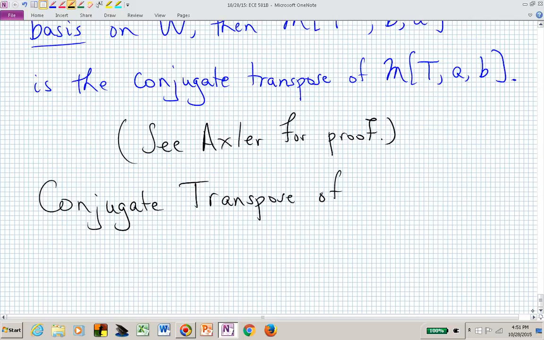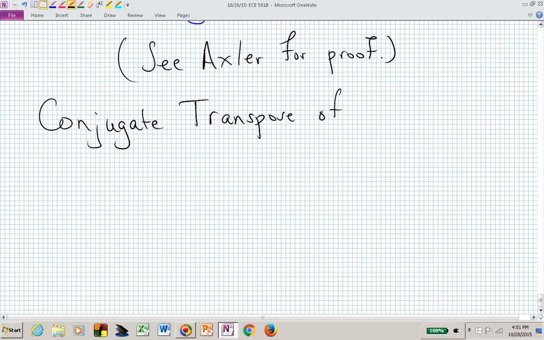If I give you, and I'll make it non-square just to emphasize the transpose characteristic, suppose we have a 2 by 3 matrix, A, B, C. I'm going to get really creative with the elements in that matrix. There's our matrix. It's 2 by 3, A, B, C in the top row, D, E, F in the second row.